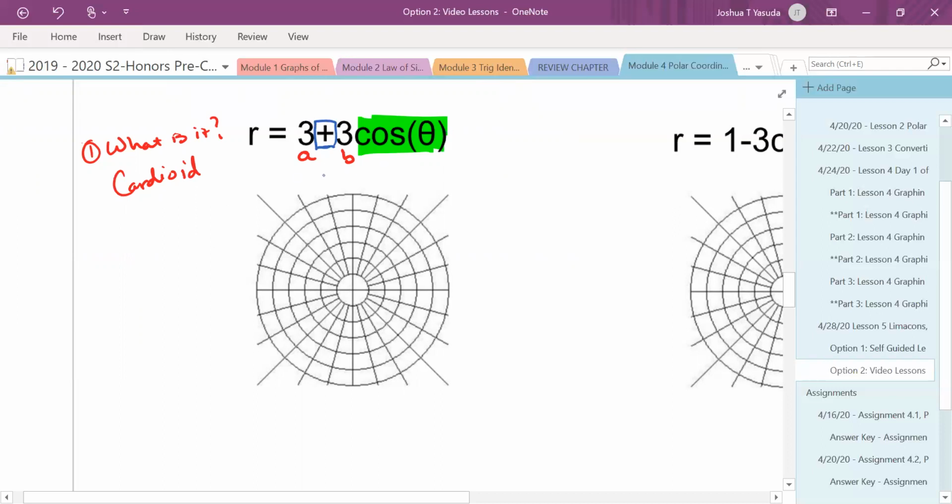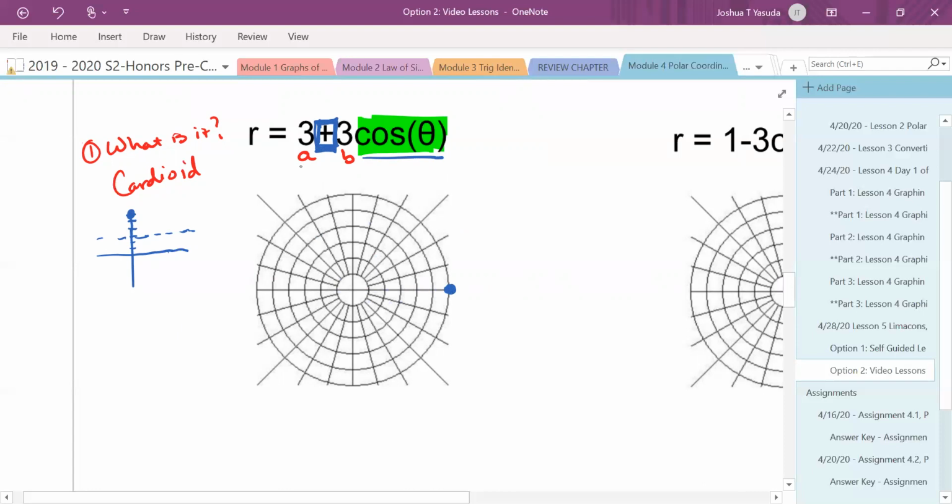If you think of the graph of a cosine, it starts at 0, and you go up 3 for the middle, but then from there you go up 3 again, because cosine starts at the amplitude. So the first point is at 0, 6, because cosine of 0 is 1. So 1, 2, 3, 4, 5, 6. Since this is cosine and it's positive, it's going to go out the furthest at 0. If this had been minus, then it would go out the furthest to the left at pi.